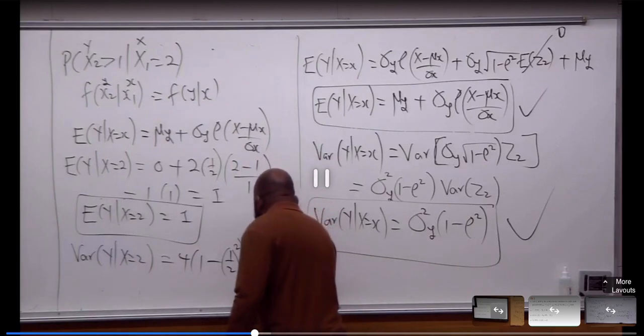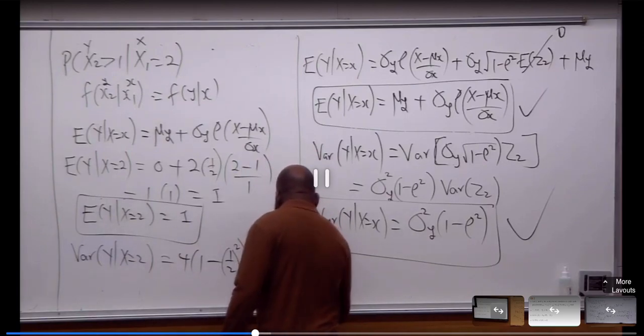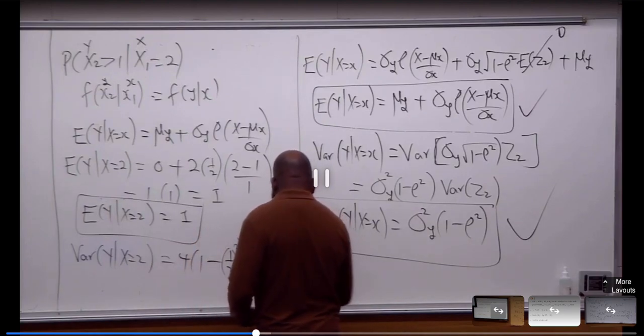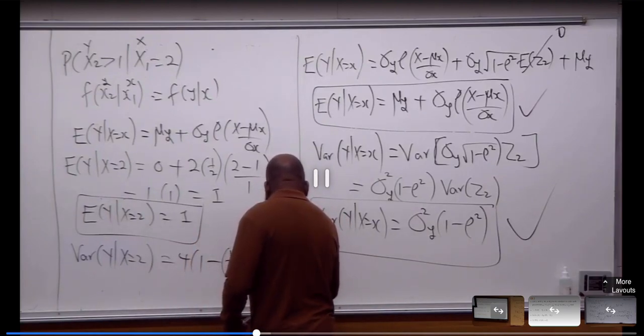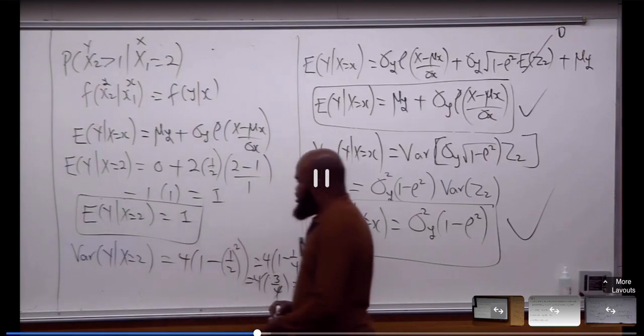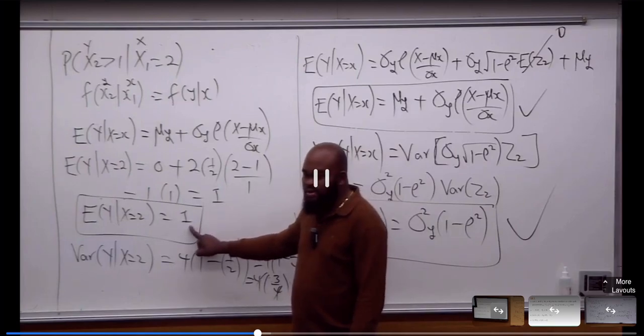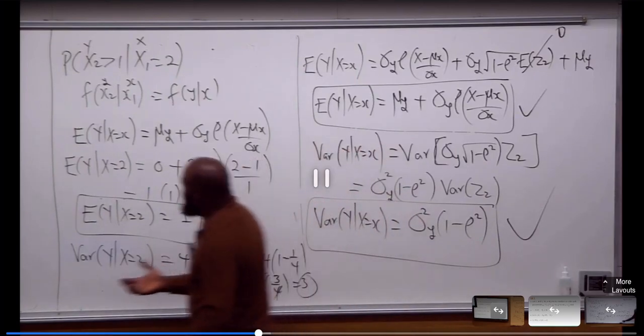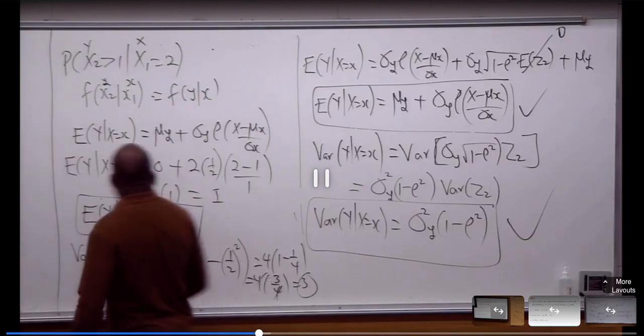So 4 into 1 minus 1 over 4. Oh, sorry. What is 1 minus 1 over 4? 3 over 4, right? And that is 3, right? The conditional mean is 1. Now, if I want to solve the problem now, I'm actually going to use this.